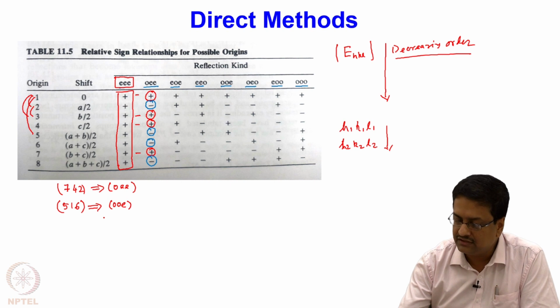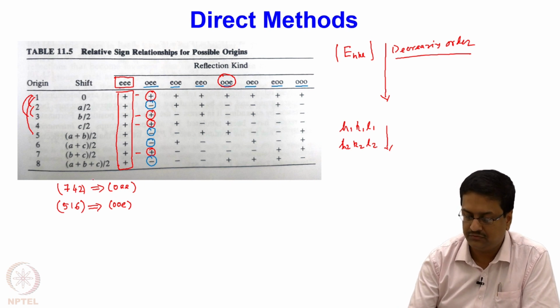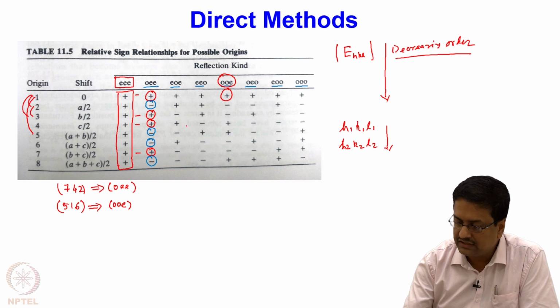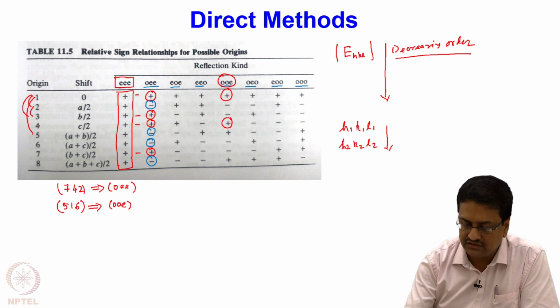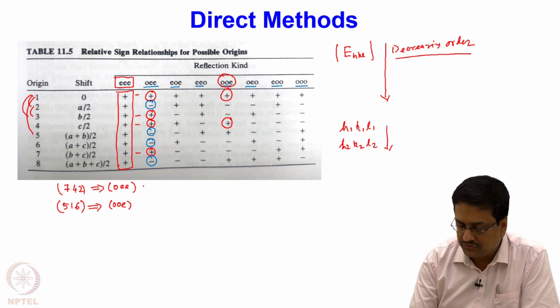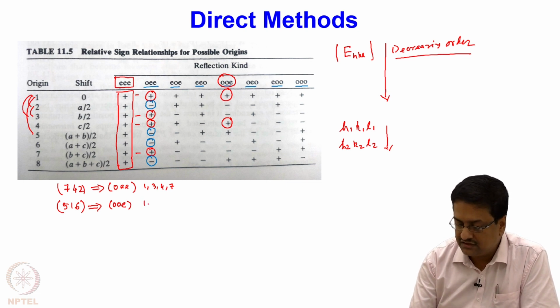So now with the plus sign of 742, the odd even has plus signs for 2 cases, the origin at 1 and origin at 4. That means the choice of origin for 742 was 1, 3, 4 and 7, but now for 516 reflection that choice is reduced to 1 and 4.